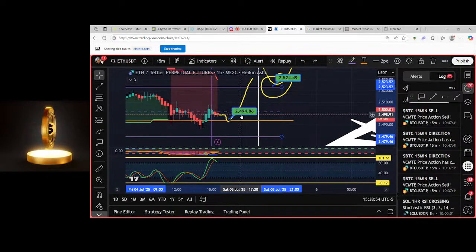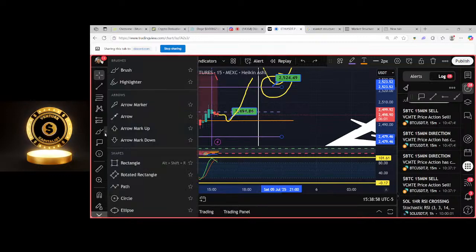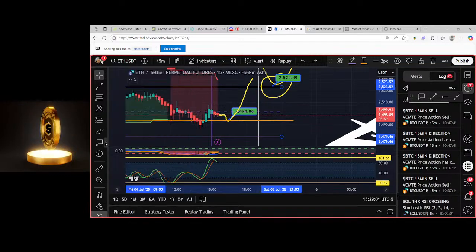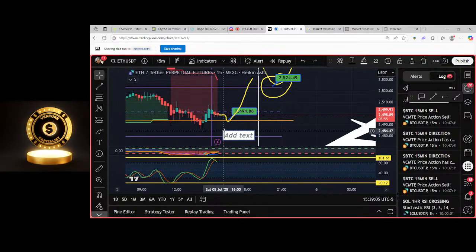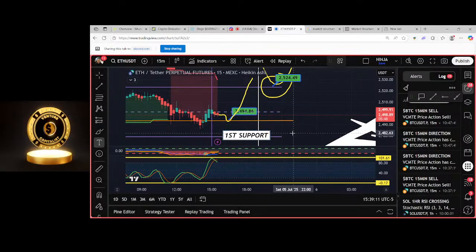Now, what this creates is what I was saying earlier about this being the first support. That's what I was talking about, having a second support.